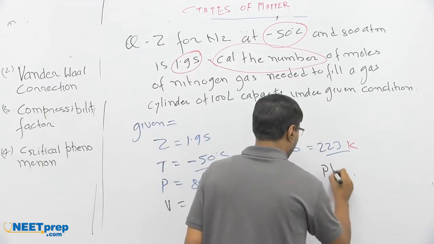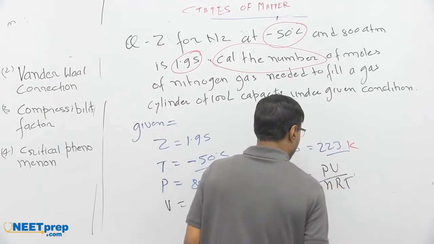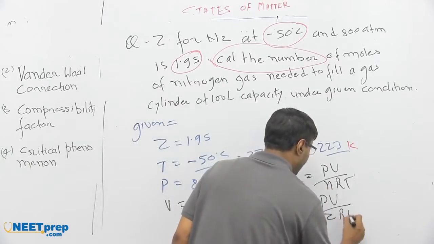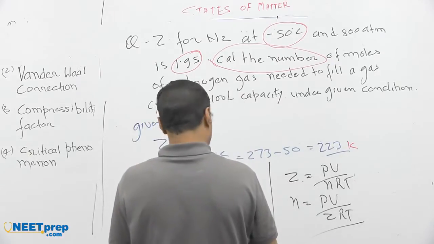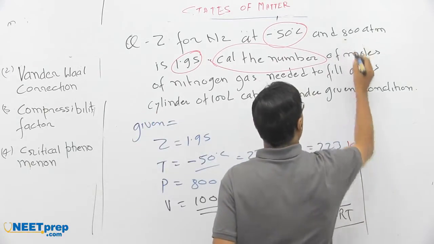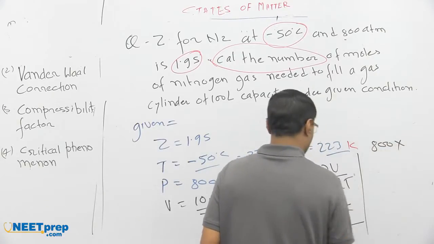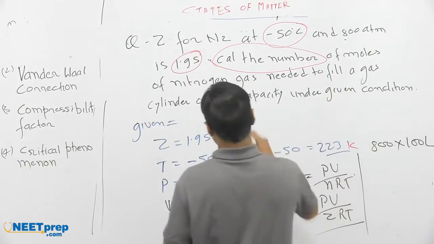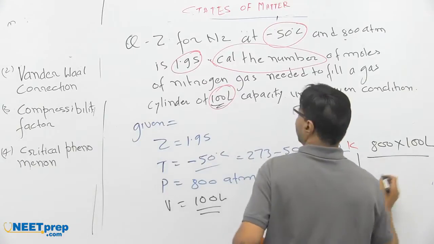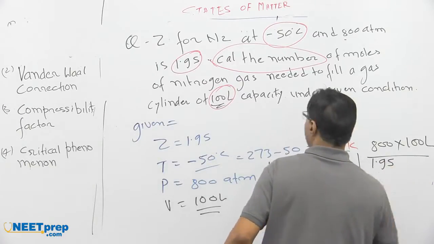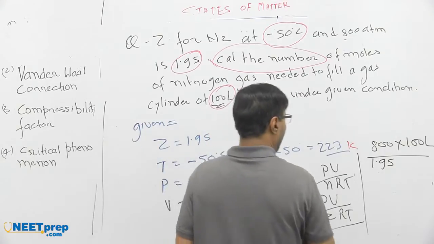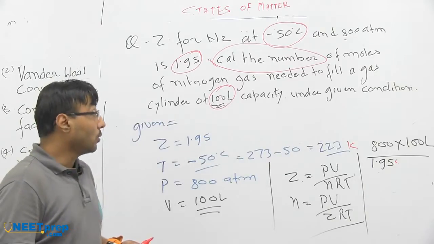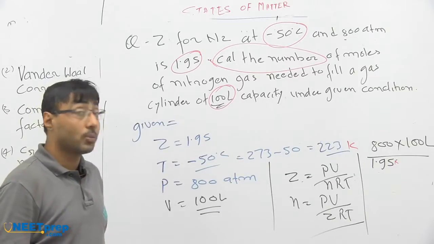Then what is the formula? PV is equal to ZnRT. Divide this, n is equal to PV by ZRT. We can put the values: P is 800, volume is 100 liter, Z is equal to 1.95, and for R, since pressure is in atm and volume is in liter, we don't need to take 8.314 because that is for the SI unit.